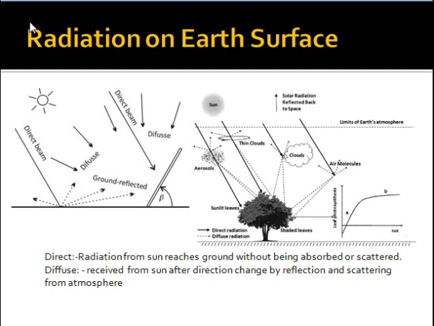So further, this reflection occurs by different components. As I told, there is one more layer called ozone. Ozone is an oxygen layer, and this layer reflects most of the ultraviolet region of the solar radiation.